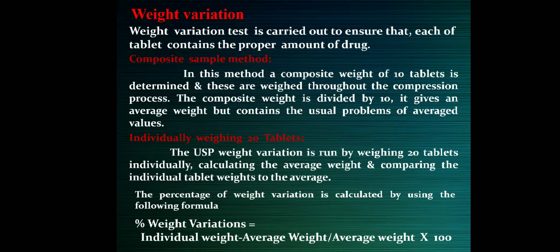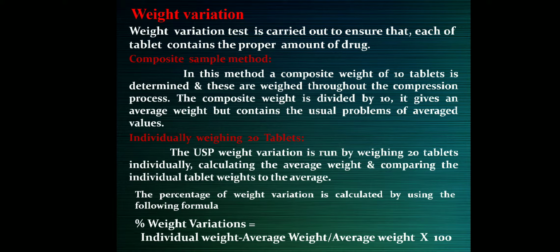It gives an average weight, but contains the usual problems of average values. So the composite method is generally not followed nowadays, because average values have some inherent disadvantages which are applicable to this test also.